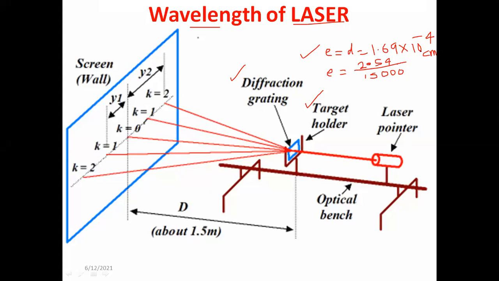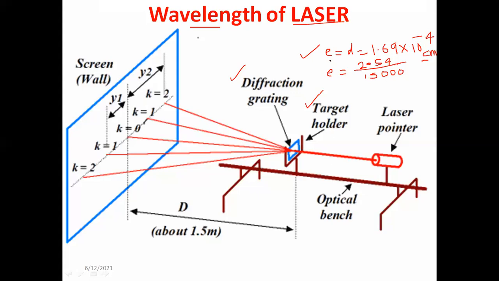Centi itself stands for 10 raised to minus 2, so 10 raised to minus 2 and 10 raised to minus 4 combined give 10 raised to minus 6. So the grating element is of the order of 1.69 micrometers.